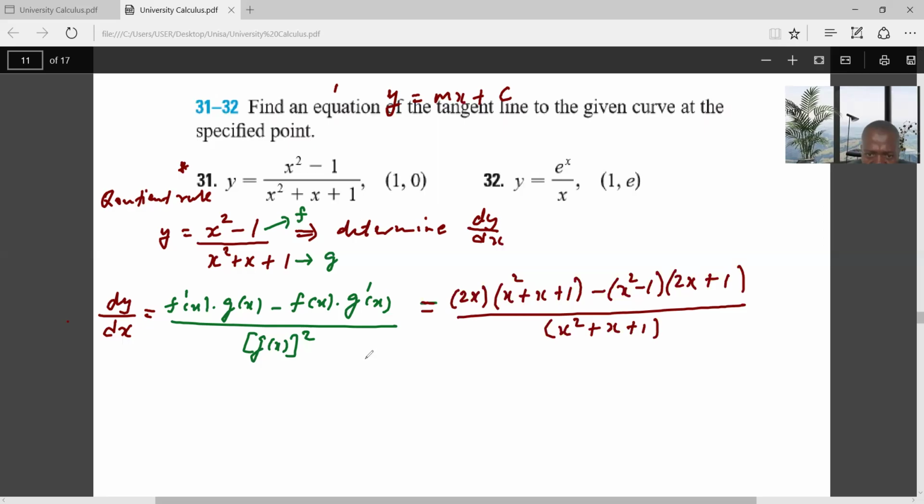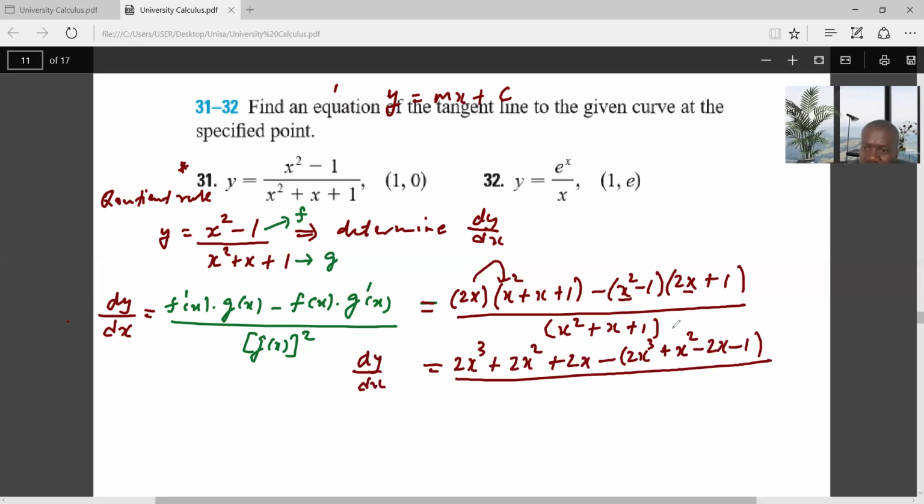Let's do the simplification. We multiply in: 2x times x squared is 2x cubed, 2x squared, 2x. Remove brackets here. So this is 2x cubed plus x squared minus 2x minus 1. Everything, by the way, is over x squared plus x plus 1, all squared.